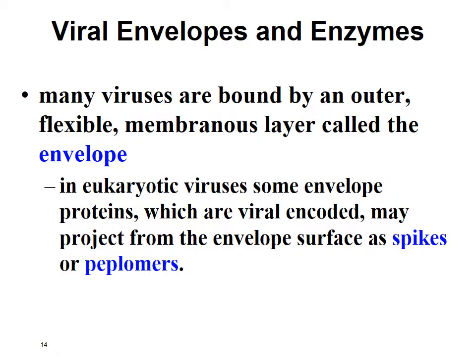Animal virus envelopes usually arise from the host cell nuclear membrane or the plasma membrane, and the lipids and carbohydrates within the membrane are normal host cell constituents. But in contrast, the proteins found within the envelope are encoded for by virus genes and may even project from the surface of the envelope as spikes, otherwise known as peplomeres.